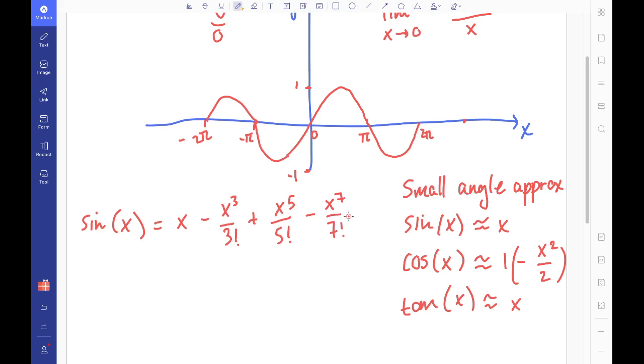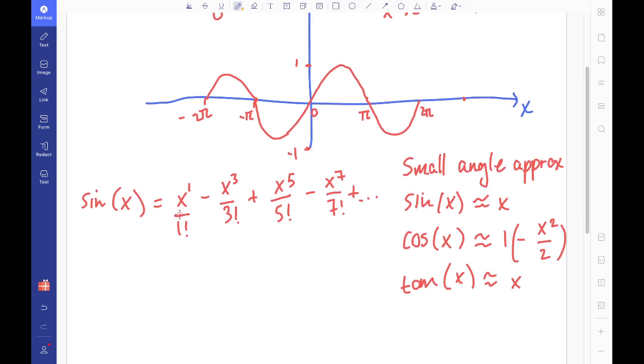And it carries on like that. So it's alternating positive and negative, and it's only the odd powers and the odd factorials on the bottom. So you could, of course, call this one 1 over 1 factorial there, if you want to be precise, I suppose. Okay, so that's the pattern for sine.